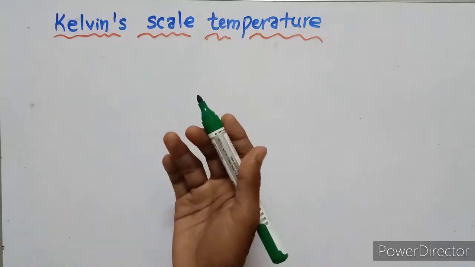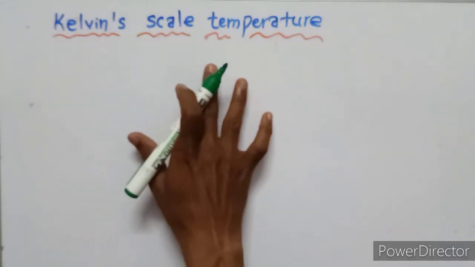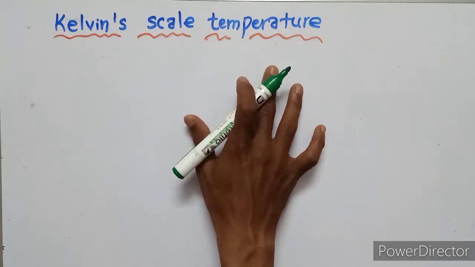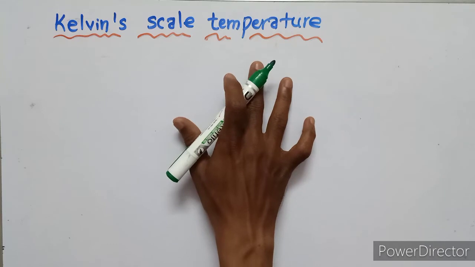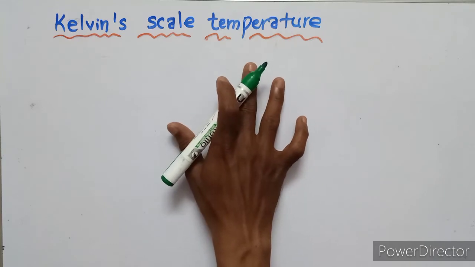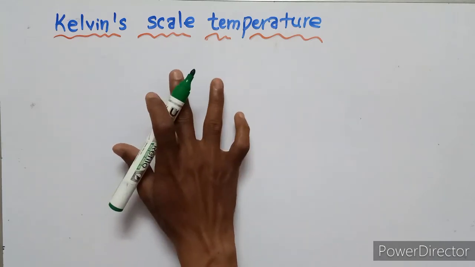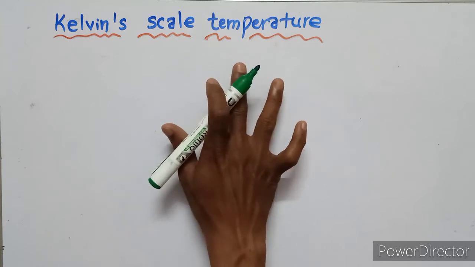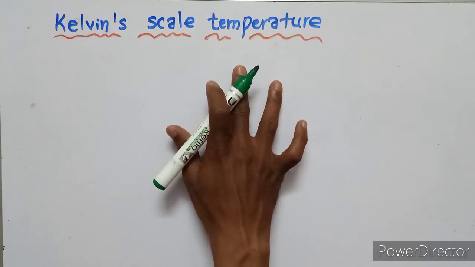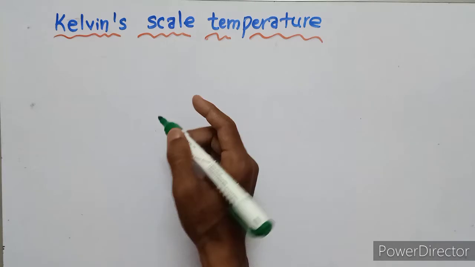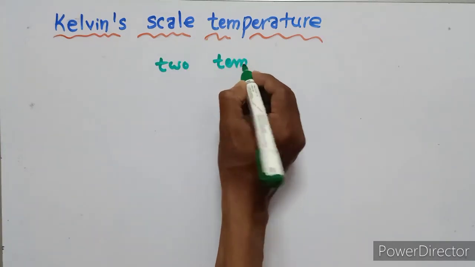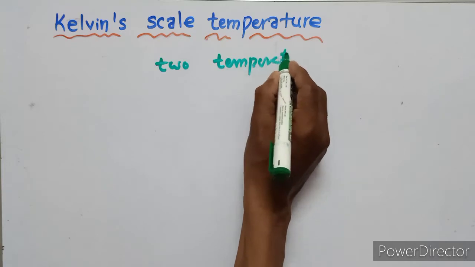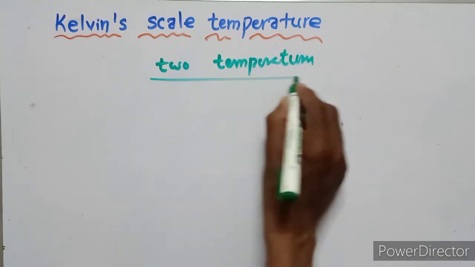Now we are going to discuss Kelvin's scale temperature, that is the thermodynamic temperature. This is also the same as thermodynamic temperature or Kelvin's scale temperature. The thermodynamic or Kelvin scale temperature is defined as the ratio of any two temperatures.